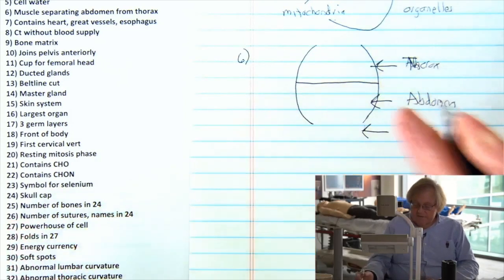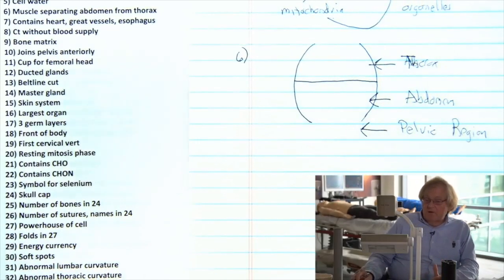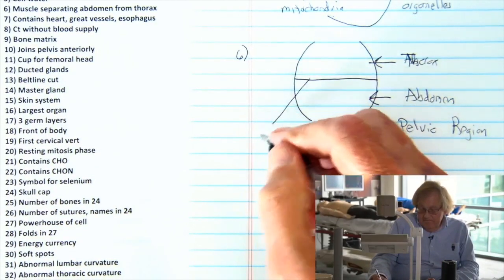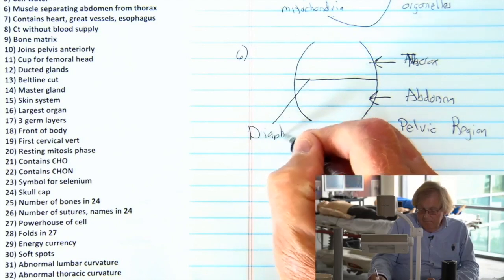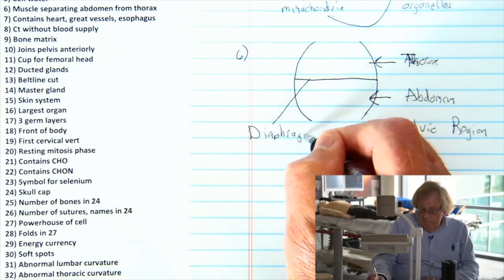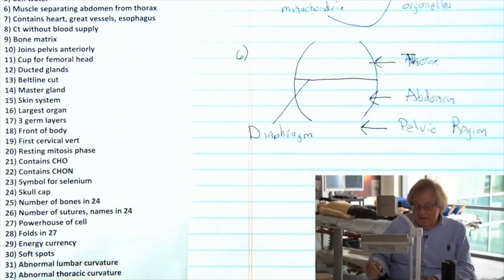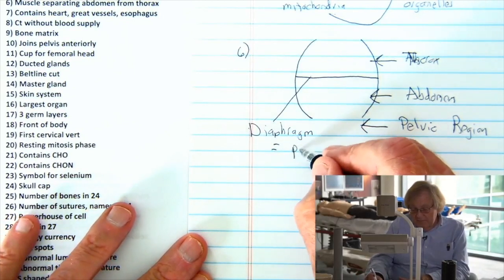This muscle that separates my thorax from the abdomen, sometimes called the abdominopelvic region, that's going to be my diaphragm. And we'll also learn the significance of the diaphragm is it's going to equal the principal muscle of respiration.